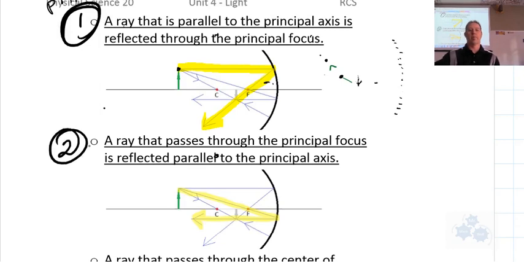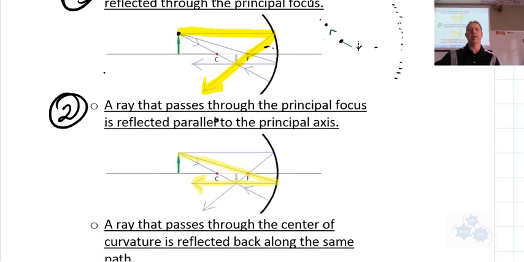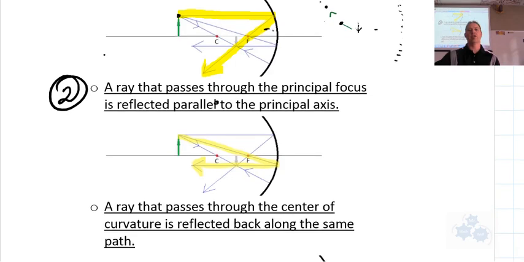Rule number 2 is this. It's very, very similar to this one. A light ray that travels through the principal focus, so from any part of the object, and we usually use the tip when we're trying to do this sort of ray diagram work.